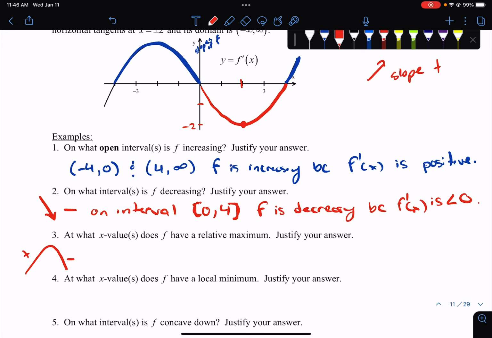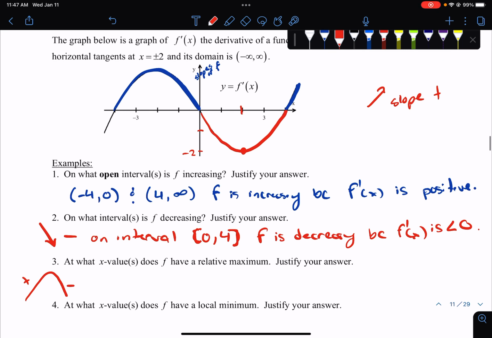So I'm looking for where my x value changes from a positive slope to a negative slope. And when I look at f prime up here, these are my slope values. So all through here, I have positive values of the slope. And then right here at 0, it changes to negative slopes, which means my function is now going down.